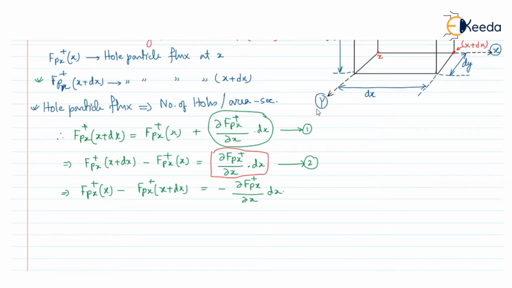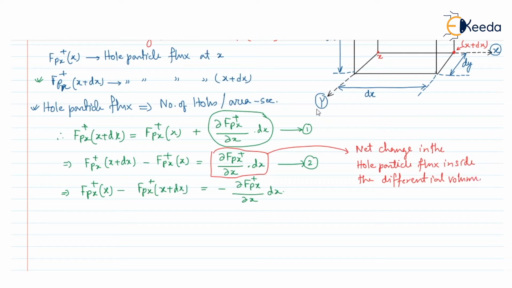can be written as the net increase or net change in the hole particle flux inside the differential volume, due to the component of hole flux that is flowing through the x direction.